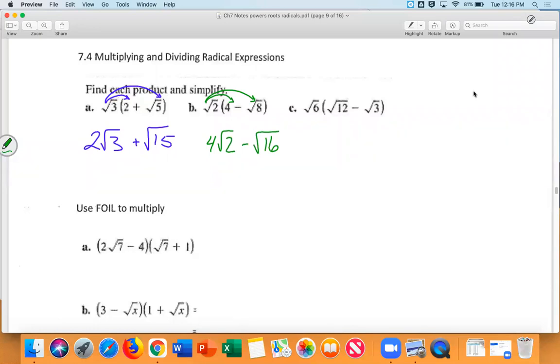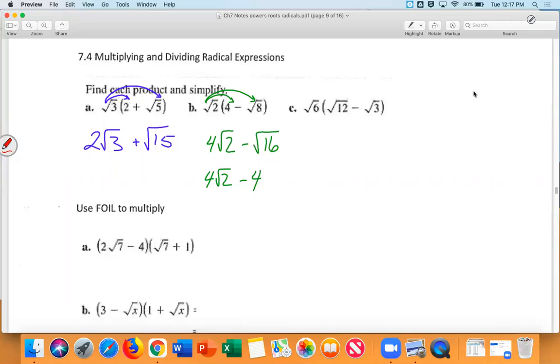Now, can I break down root 2? No, I can't. But I can break down root 16, right? Leah, what's the square root of 16? 4. So this would just be 4 root 2 minus 4. I could factor out a 4, but not about that today.